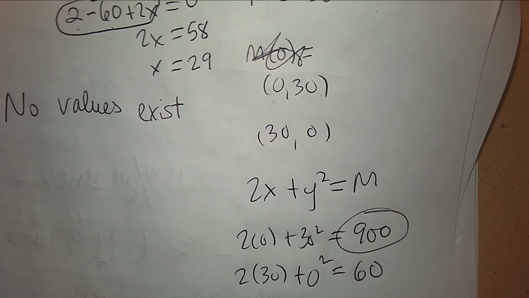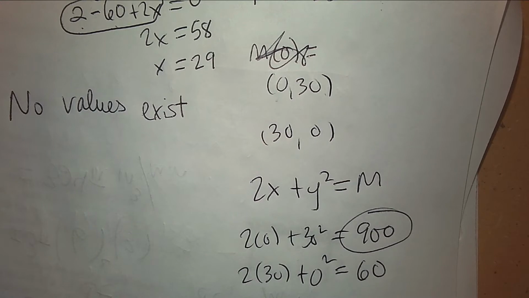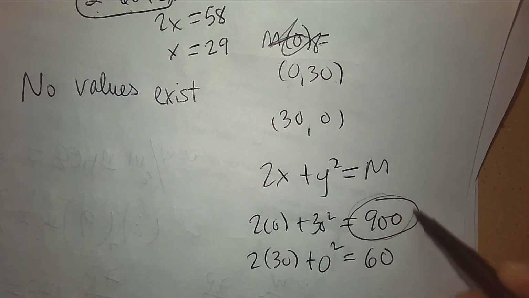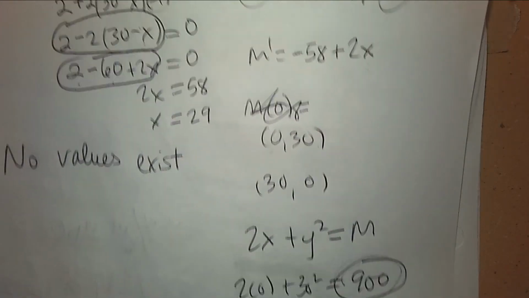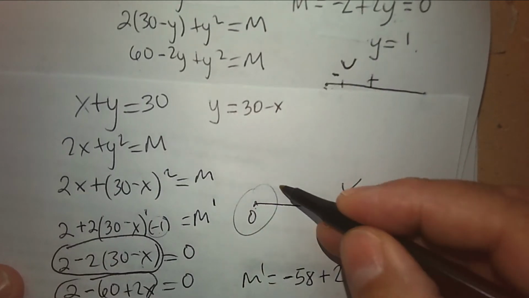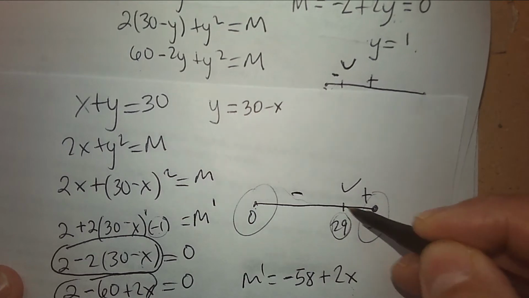So the question is, find both numbers, right? That would give you a maximum value. So what two numbers would I plug in to give me a maximum value? I want you to think here that when you plug in 0, the answers decrease, correct? To what number? 29, and then they increase a little from there.